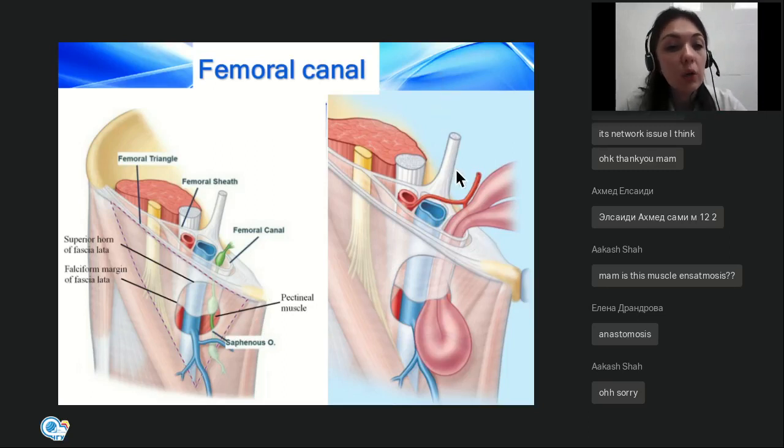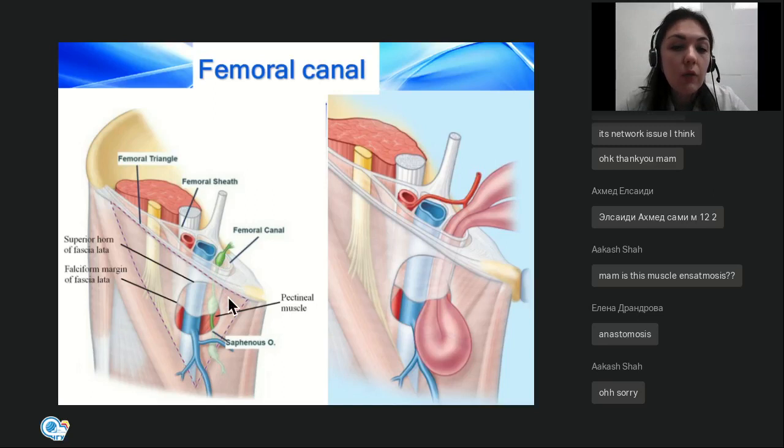The superficial layer of fascia lata is named cribriform fascia. Cribriform means that it has numerous openings. So anteromedially for the femoral canal, it is the cribriform fascia, and posteromedially, it is the deep layer of fascia lata.